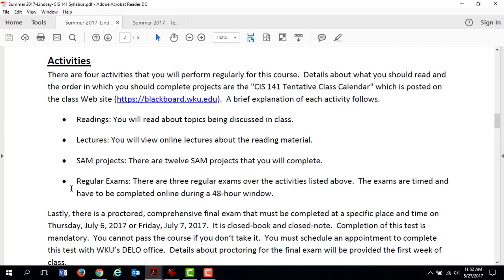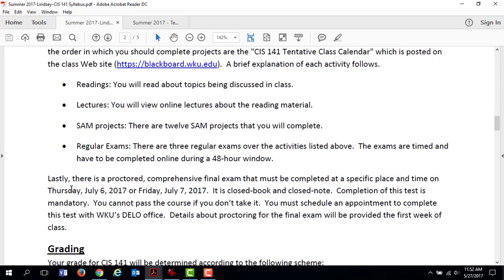There's also a comprehensive final exam that you have to take at a proctored location. What that means is that you have to go somewhere with your picture ID and basically take it in front of somebody. Now you don't have to come to campus, but you have to go somewhere that you schedule with the distance learning testing center.